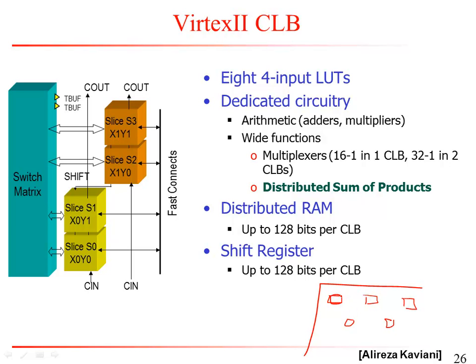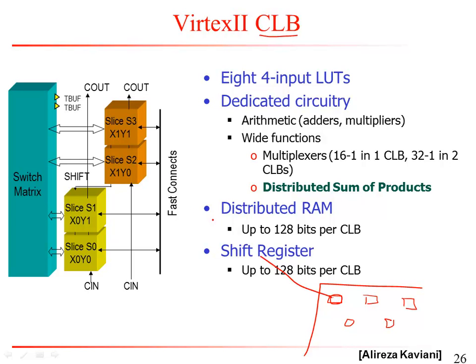So the logic block here itself, which in the Xilinx terminology is called CLB, configurable logic block, is made up of, I don't want to use the term mini FPGA, but maybe a mini FPGA would be a good term.